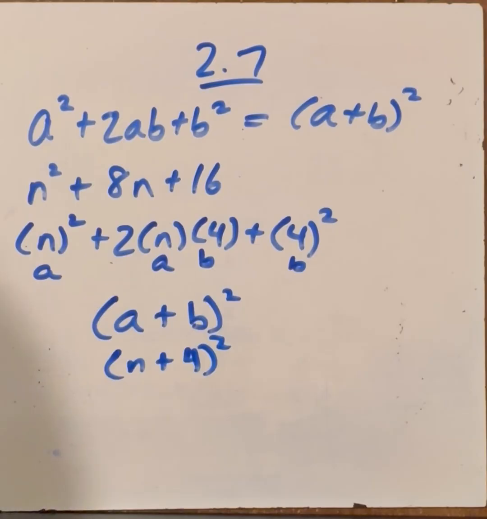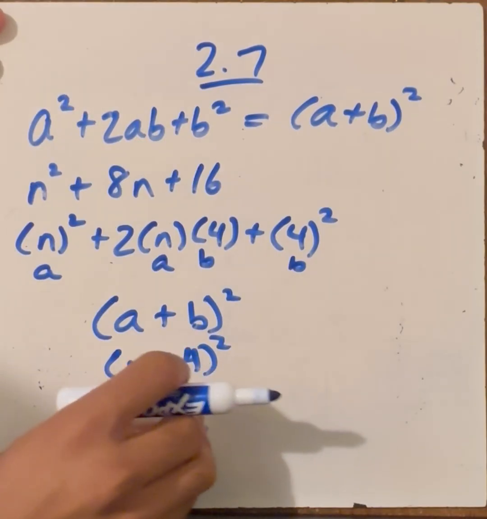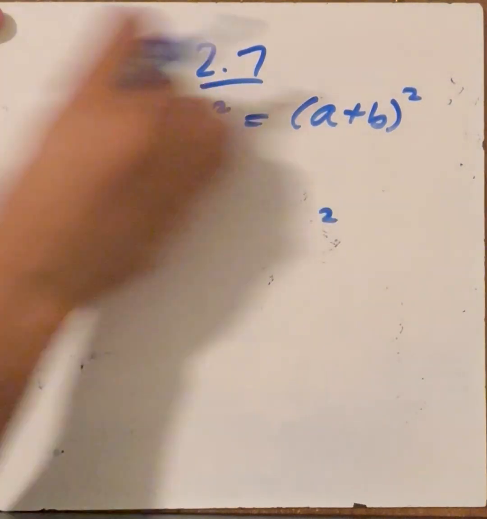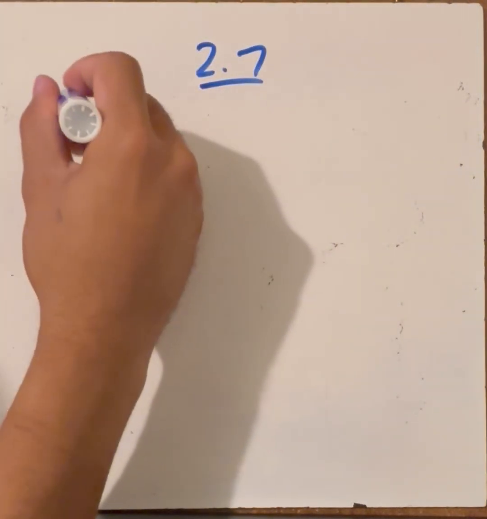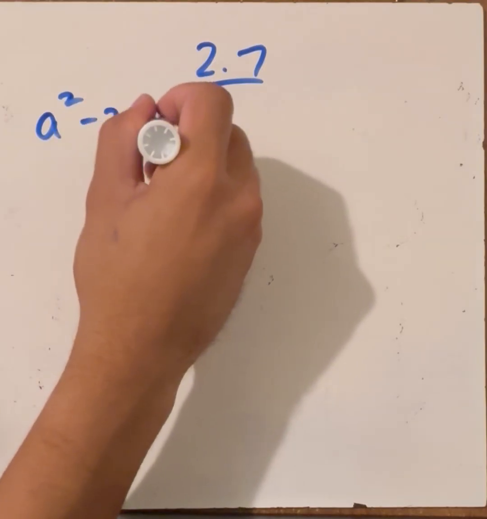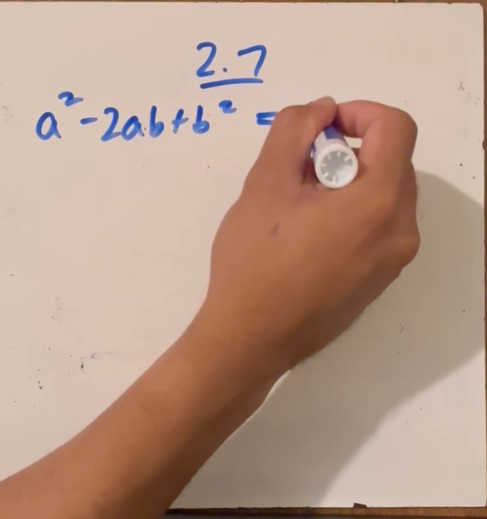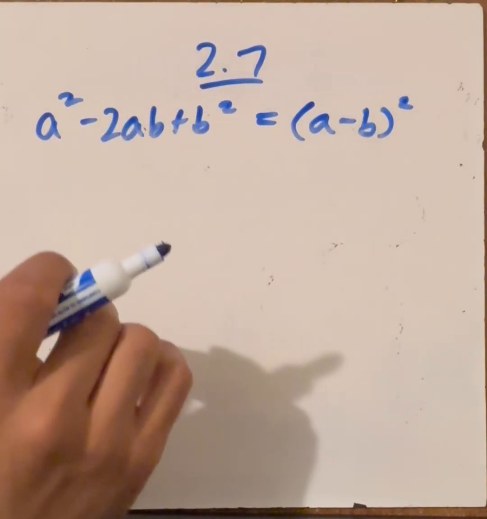All right, let's go and take a look at the next question. Very similar question, except we'll be using the rule that says a squared minus 2ab plus b squared. We can write it as a minus b squared, with a minus sign inside now.